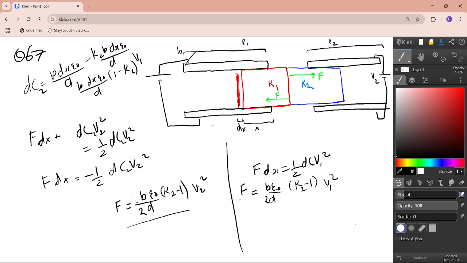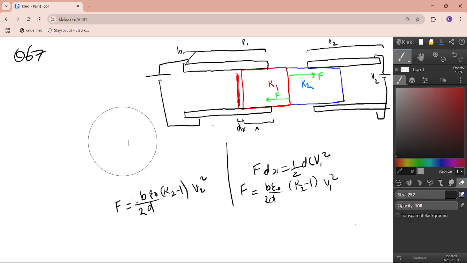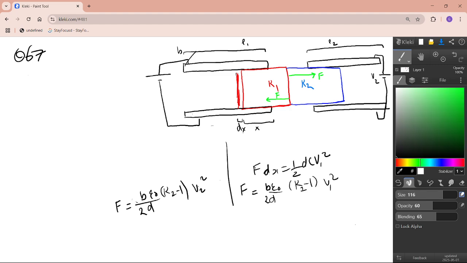And see, F is the same, so you equate both of these equations. B epsilon naught by 2D will get cut. So what will remain is, let's use yellow.